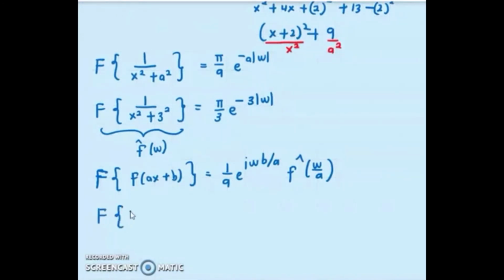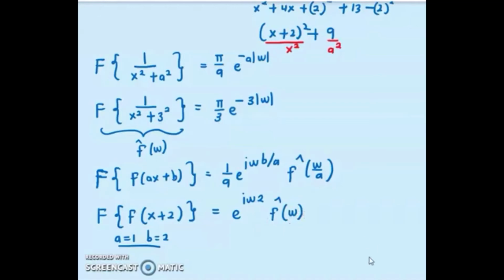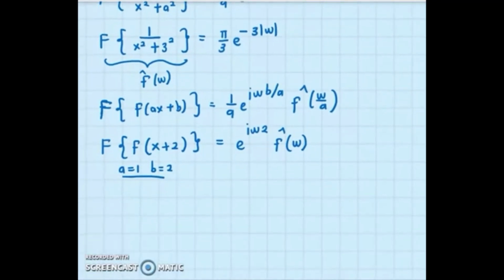So the Fourier transform of f(x + 2), which means my a is 1, b is 2, is given by 1 times e to the i omega 2 over 1, f hat of omega, a is 1. What is f hat? f hat is whatever we obtained here.